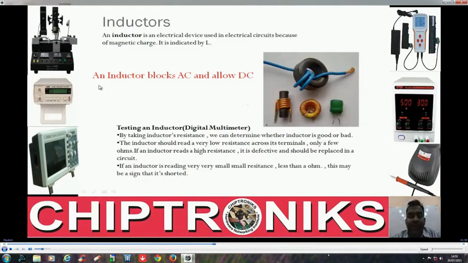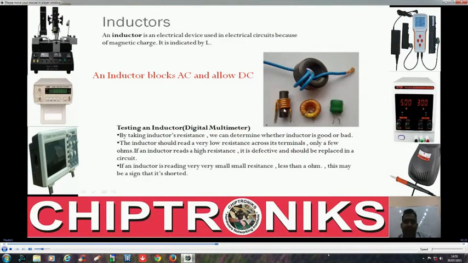All right, and an inductor blocks AC and allows DC, whereas a capacitor blocks DC and allows AC. All right, as we have checked over here. So how do we check an inductor? Basically in inductor we check the continuity of these wounds of wire, and for continuity we know we have to check across the continuity range.